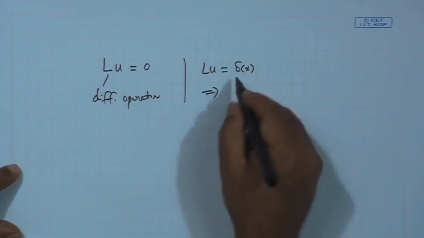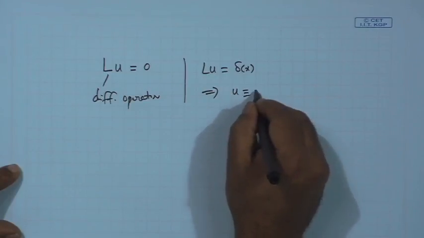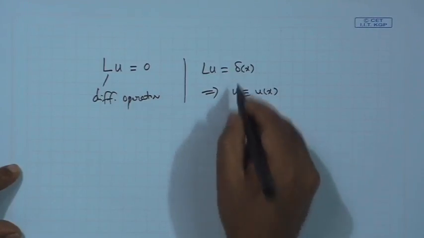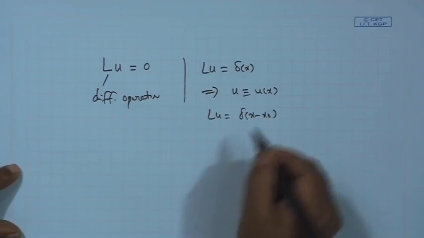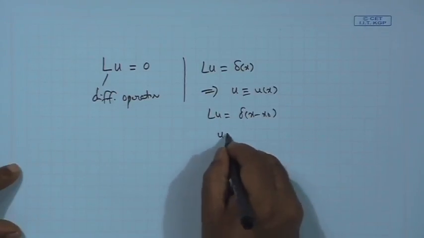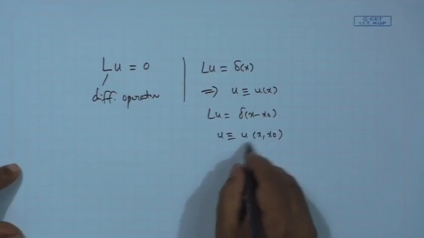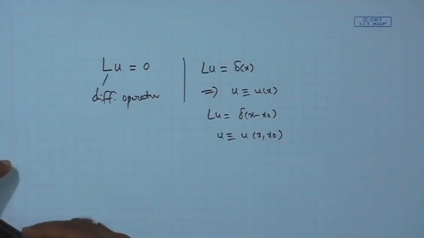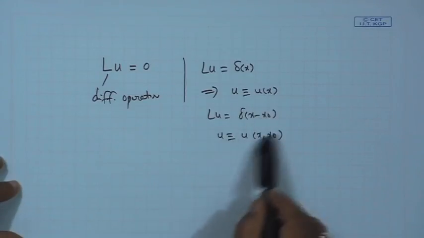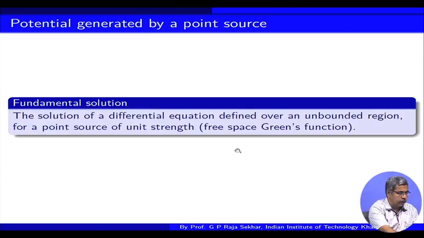If we solve the corresponding equation, whatever we get, suppose L u is a point source, then the solution you get depends on these two. If you do not use any boundaries, then the solution of this particular equation is called the fundamental solution or free space Green's function. Okay.